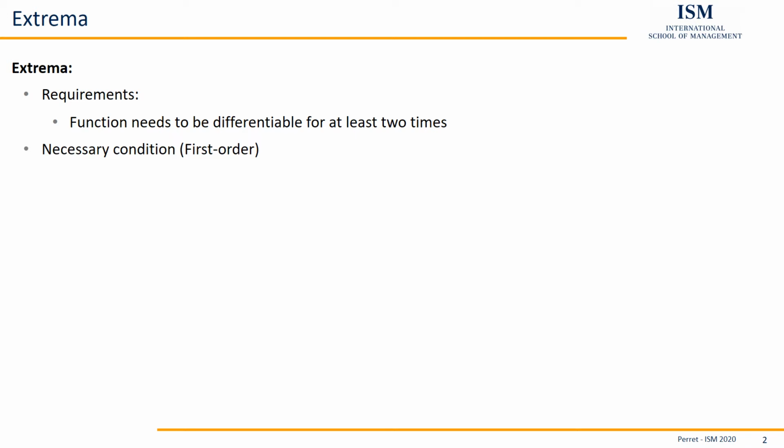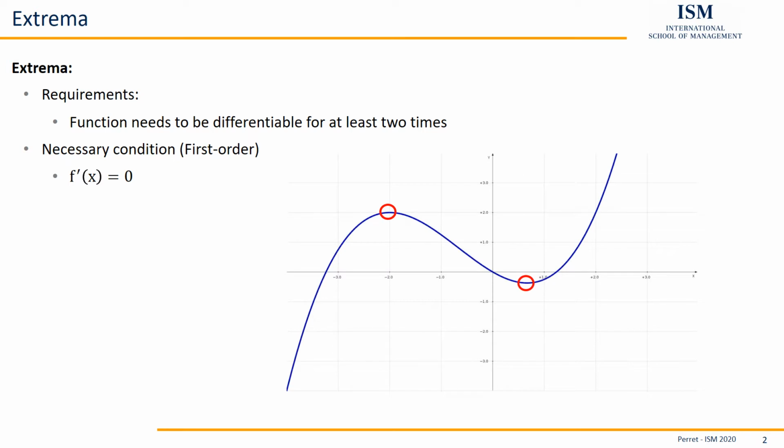Once we have this, we then consider the first derivative and set it equal to 0. Why are we setting this equal to 0? We can see this in the graph here. If we consider this function, we have 2 possible extrema: the one at -2 and the one somewhere around 2/3.